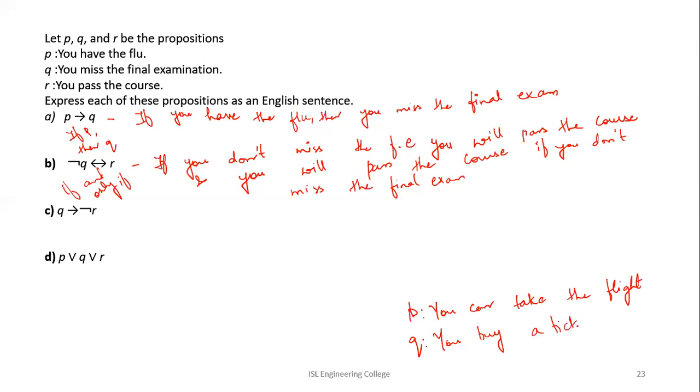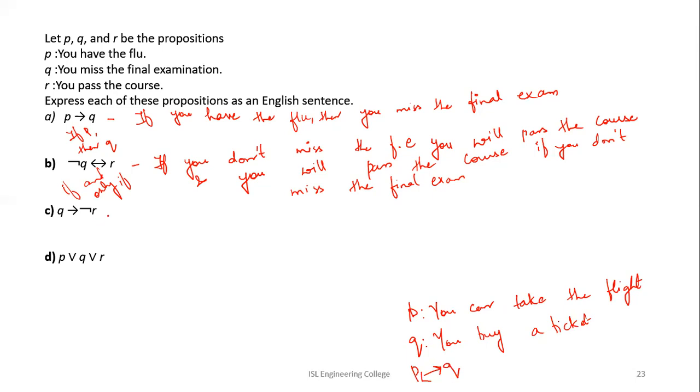So P bi-implication Q will be: you can take the flight if and only if you buy a ticket. Or it can also be: you can take the flight if you buy a ticket, and if you buy a ticket you can take the flight. So both scenarios should be written to make it simpler in English, because if and only if is not a term that is used in regular English. Okay, so let's continue with the next one.